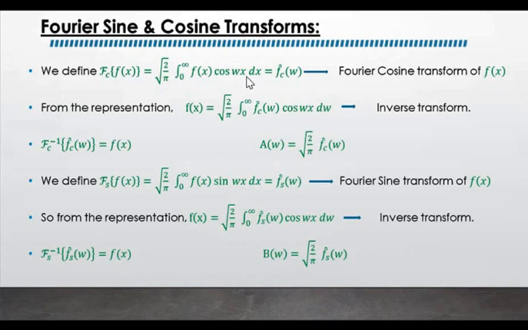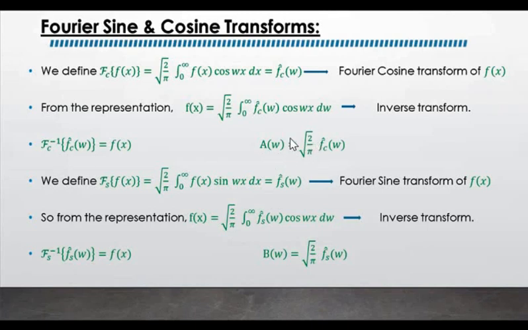You know that a omega is nothing but 2 by pi integral 0 to infinity, the same thing. The difference between a omega and f cap c omega is that if you multiply f cap c omega with root of 2 by pi, you get a omega, and from a omega you can get the Fourier cosine transform by dividing a omega by root of 2 by pi.